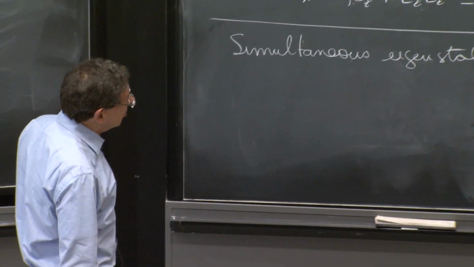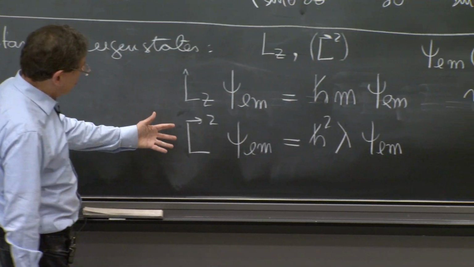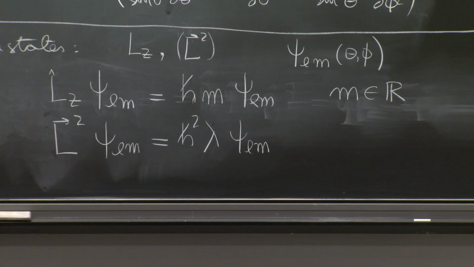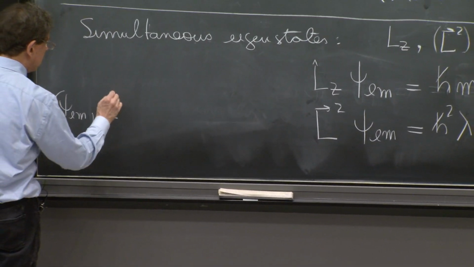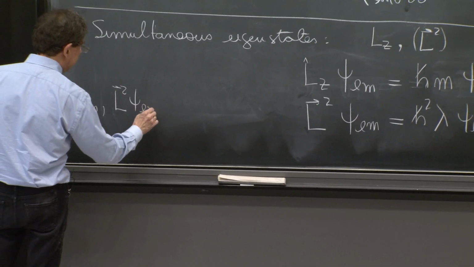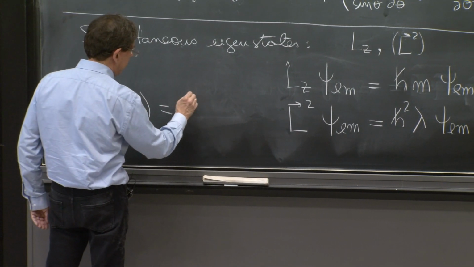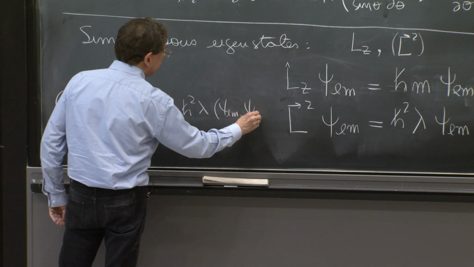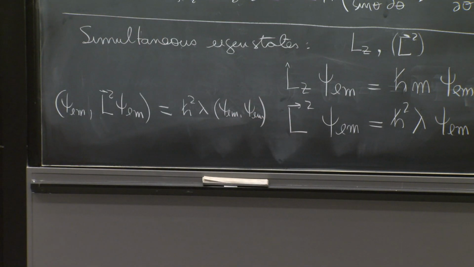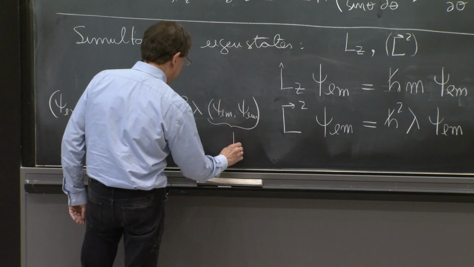Now that intuition may not be completely precise, but if you followed it a little more with an inner product, suppose we would have an inner product, and we could put psi Lm here, and L squared psi Lm. From this equation, this would be equal to h bar squared lambda times the inner product of psi Lm with psi Lm, and then if your wave functions are suitably normalized, this would be a 1.